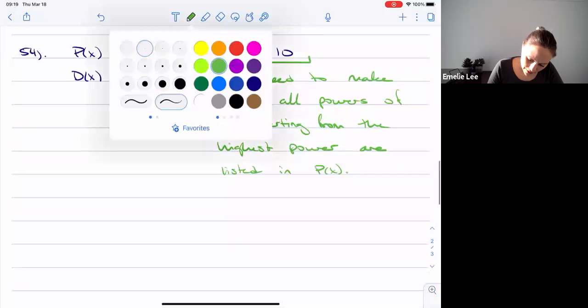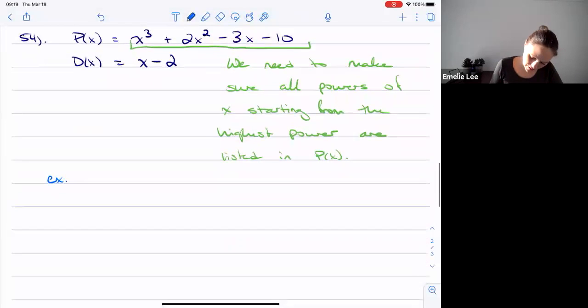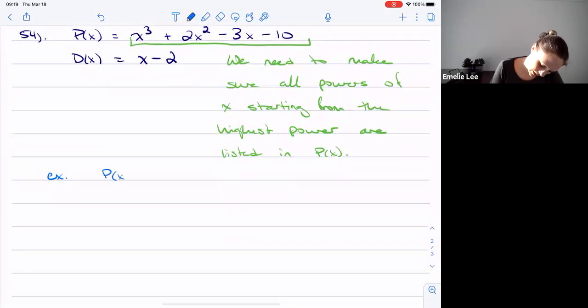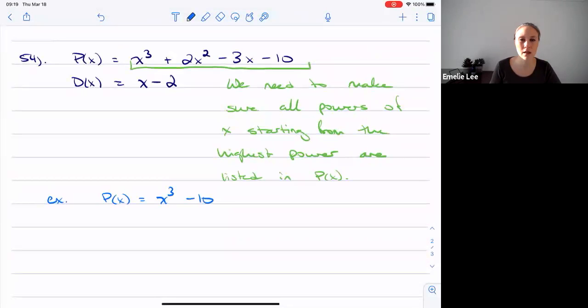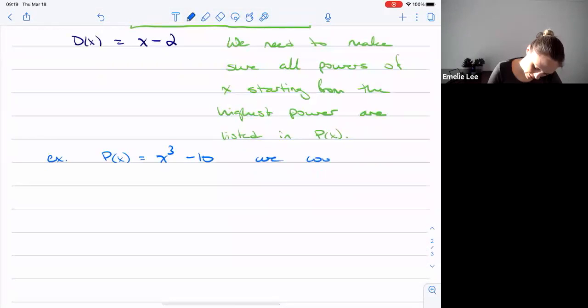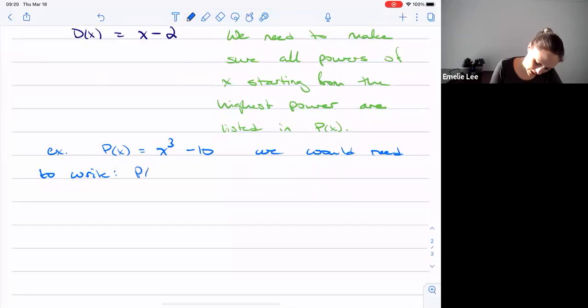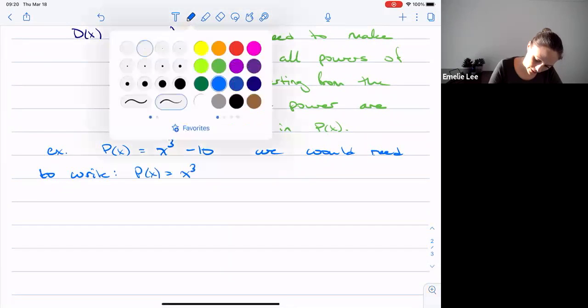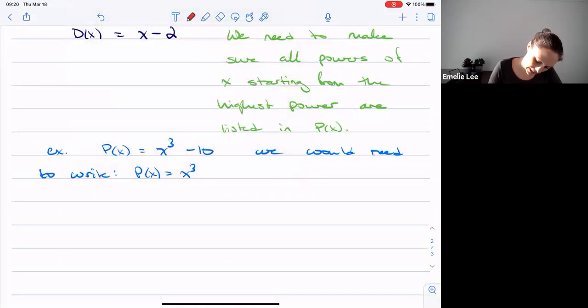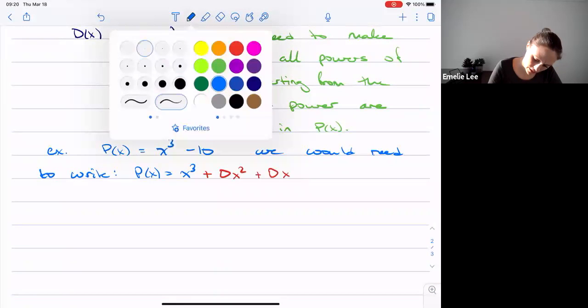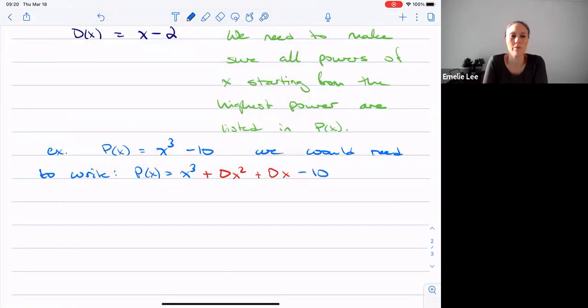For example, just as a side note, if P of x was x to the power of 3 minus 10, we would need to write P of x equals x to the power of 3, plus 0x squared plus 0x, and then go back to minus 10.